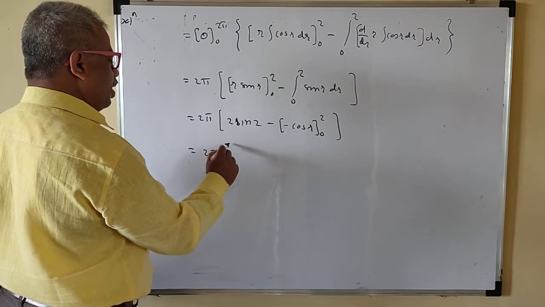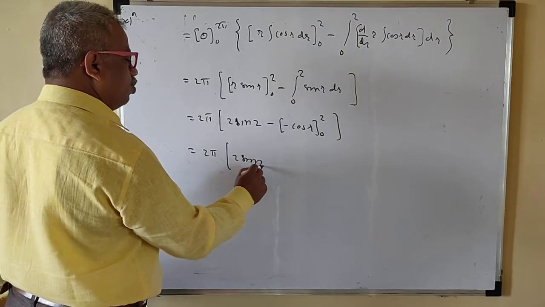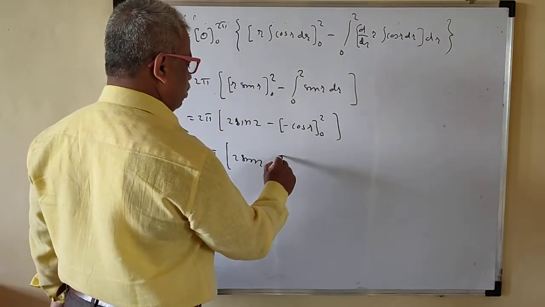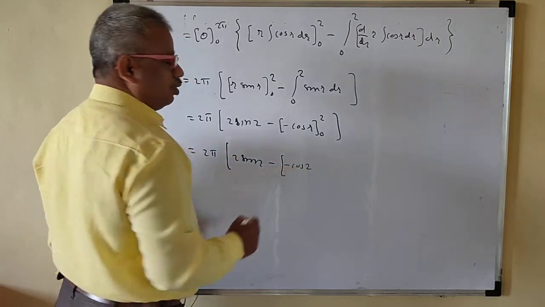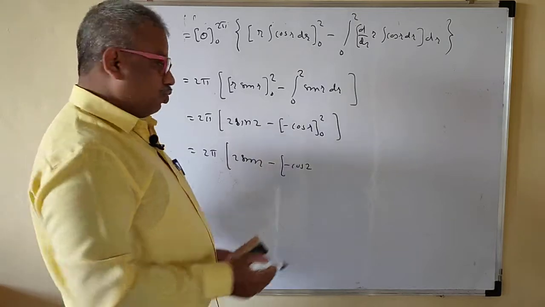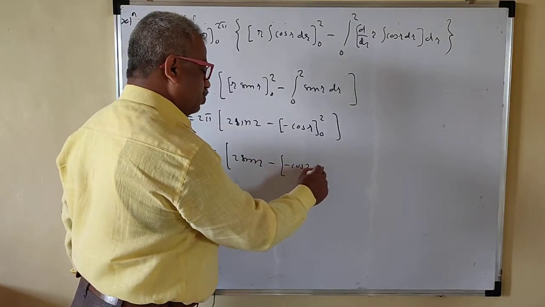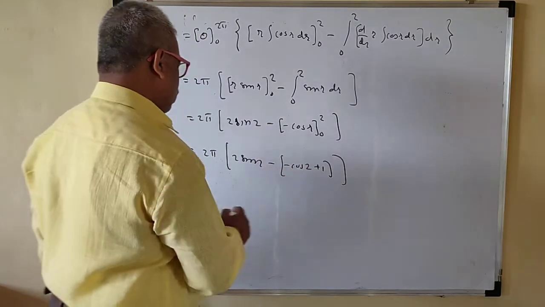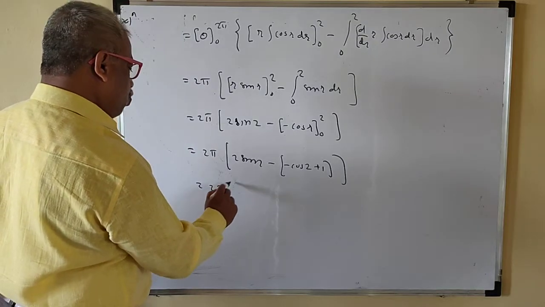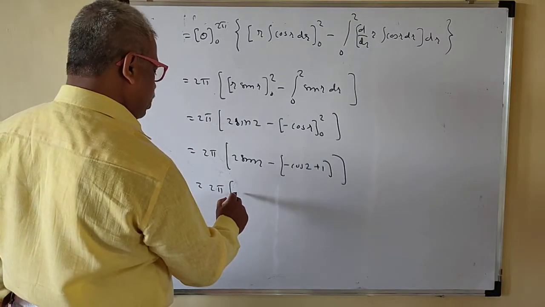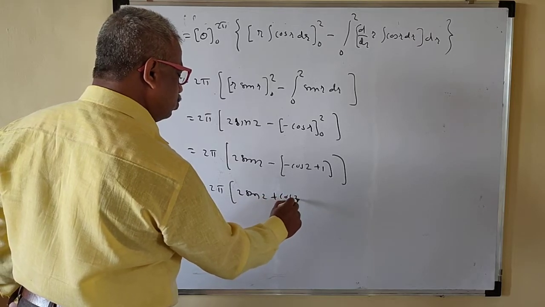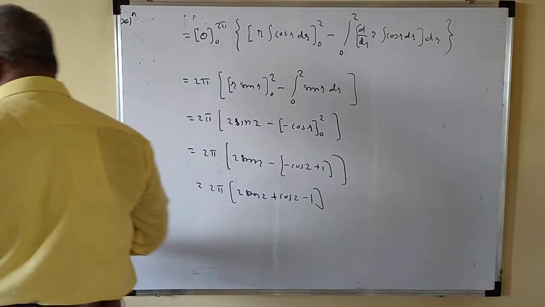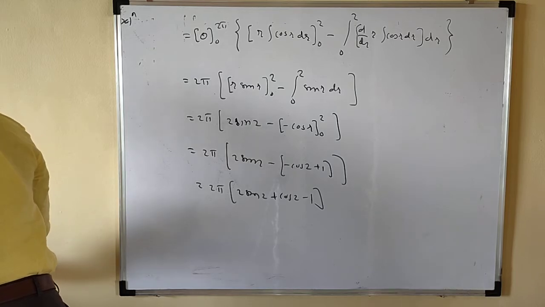So this is 2 pi times 2 sin 2 minus, and I will put here minus cos 2. Then cos 0 is 1, so minus 1, and minus becomes plus 1. So this is 2 pi times 2 sin 2 plus cos 2 minus 1. This is your required answer.